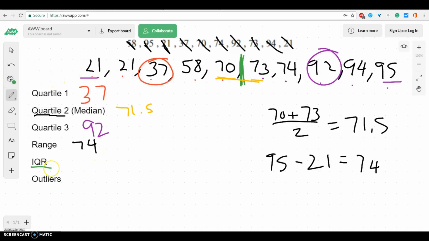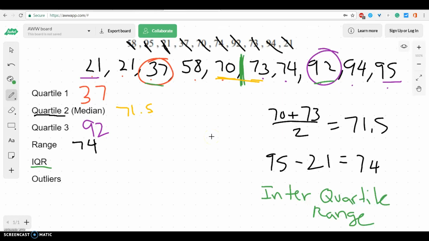And IQR stands for interquartile range. So if you think back to what we just said for a range, it's how wide your number set is. So the interquartile range is how wide your quartiles are. We have a quartile that starts at 37 and ends at 92.